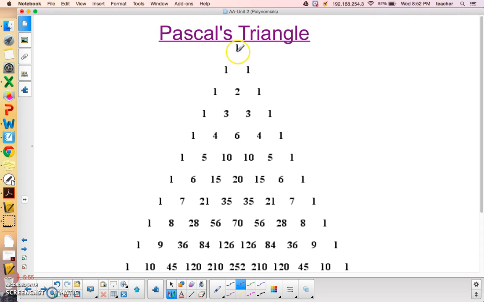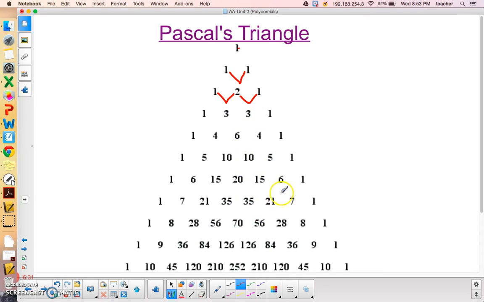The first row here, row 0, is 1, and the second one also has 1s. But now we put 1s on the edges. If you look at what happens when you add those, that's where the 2 comes from. And if you add this 1 and this 2, that's where this 3 comes from. And so if you add the 2 numbers above it, you'll find what to put in the next row below it.